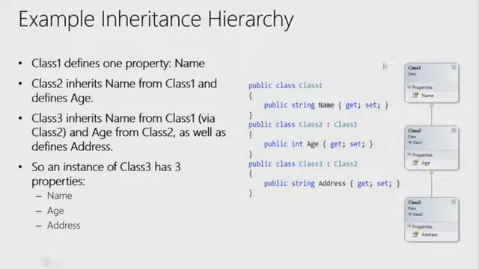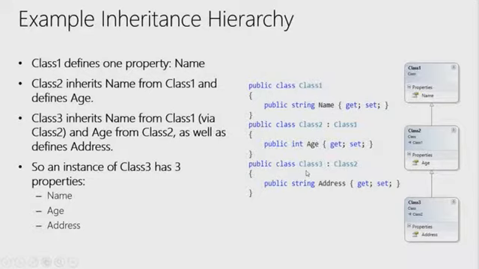And we have some code here that really outlines those classes. So we can see that class 1 implements string name, okay? Class 2 inherits from class 1, and we've seen that syntax from Jerry's demo earlier on. Class 2 also defines a property called age. So now we have two properties. We have two properties. And class 2 has name inherited from class 1 plus age that is defined itself.